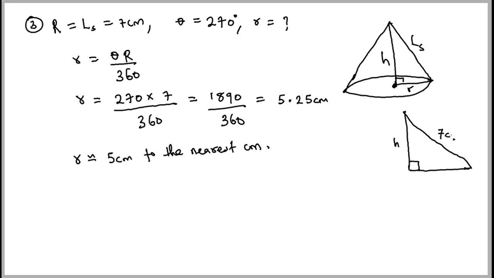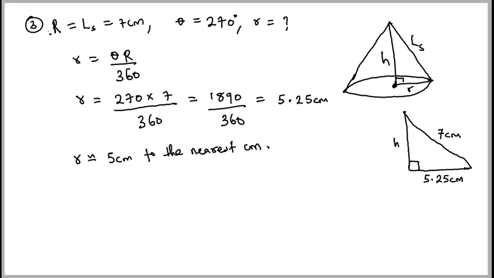We've gotten the slant height as 7. And our radius has been found to be 5.25. Let's use the value that is not approximated, 5.25 centimeters. This is just basic Pythagoras theorem that we will use here. Since this is a right angle triangle and we know two sides, use Pythagoras theorem.